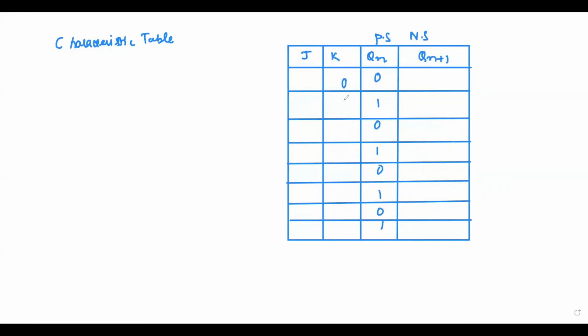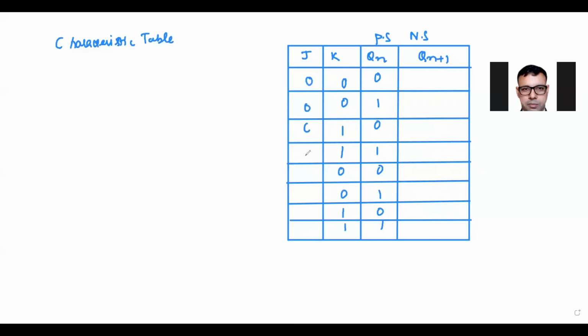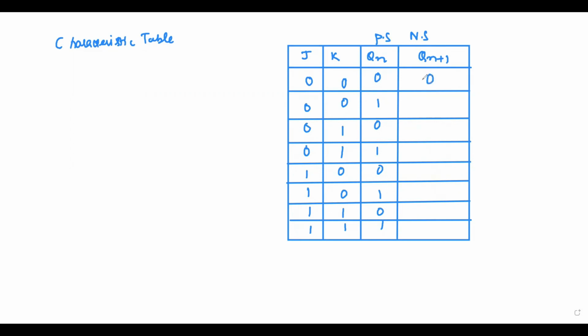This is going to be like this: 0 0 1 1, 0 0 1 1, as I have already discussed with you. Then 4 times 0 and 4 times 1. Now when J is equal to 0, K is equal to 0, and the present state is 0, the next state is going to be 0, because it holds the previous state.